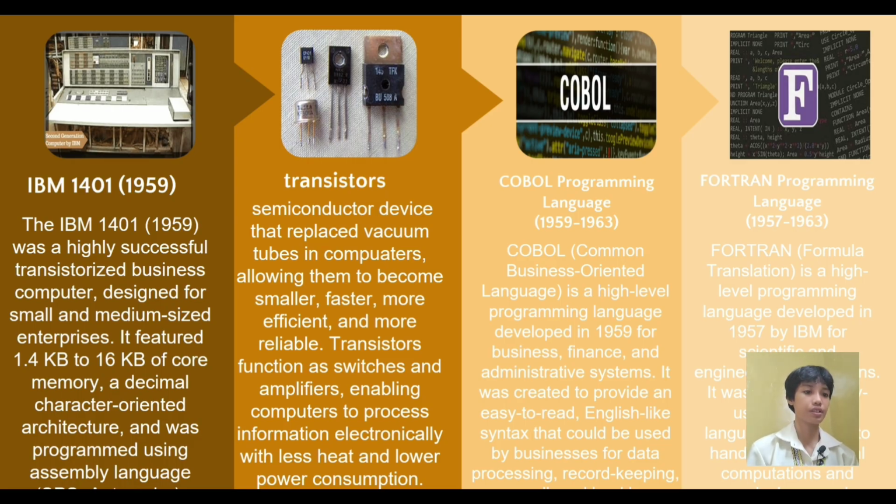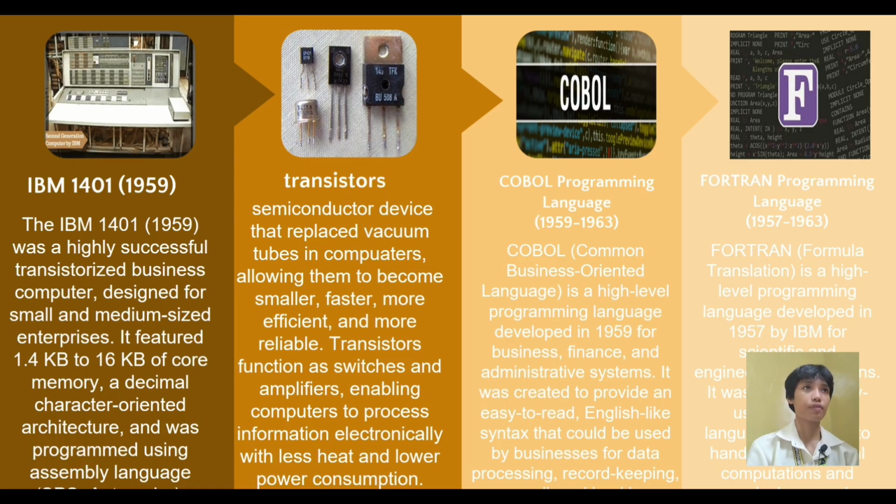A transistor is smaller, faster, more efficient and more reliable. Smaller because instead of using the vacuum tube, it was replaced by a transistor. And this time, it is very fast. If the vacuum tube is way faster than the mechanical, transistor is also faster than the vacuum tube.